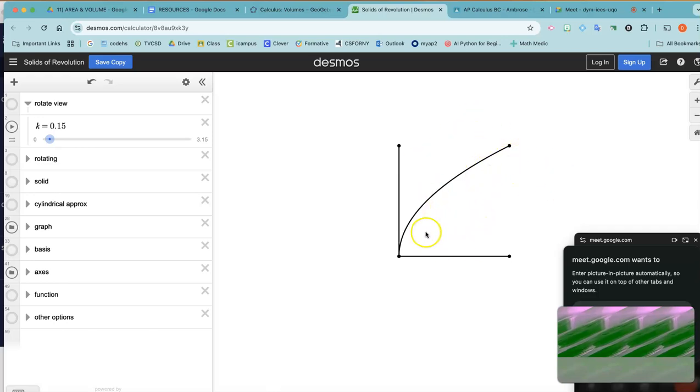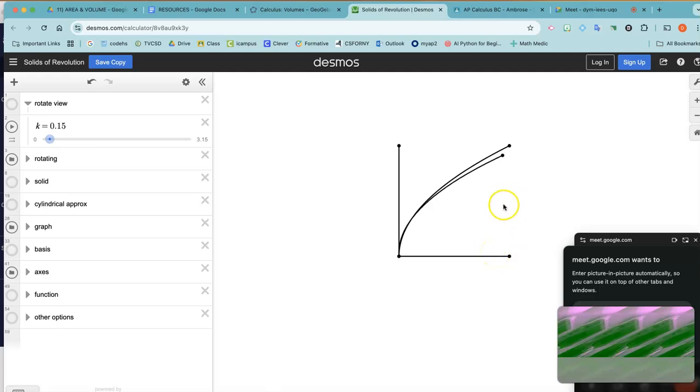So here we have a region. This graph here looks almost like the square root of x graph. And if you think about that graph and then down to the x-axis, this forms a region here. And again, we can start rotating that graph, in this case about the x-axis.